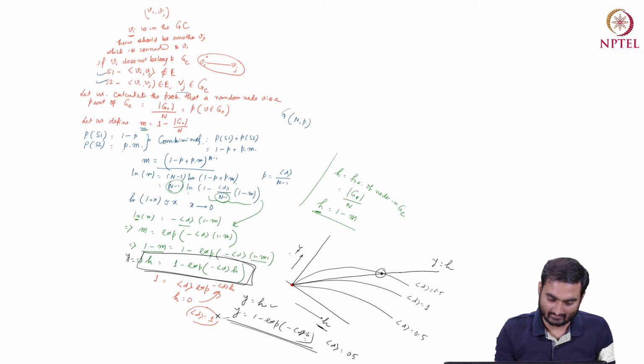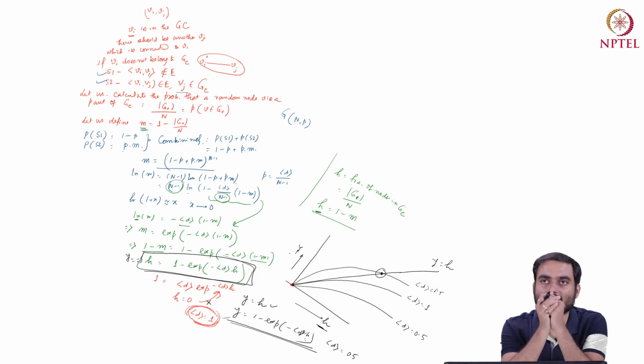So it basically says that in order for a giant component to emerge, you basically need the average degree to be 1. And if you think of it carefully, average degree is 1 means what? It means that nodes are connected to each other.